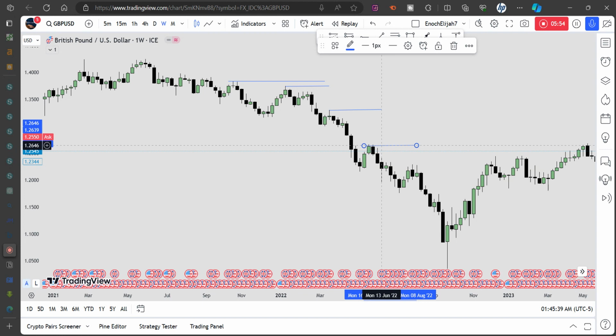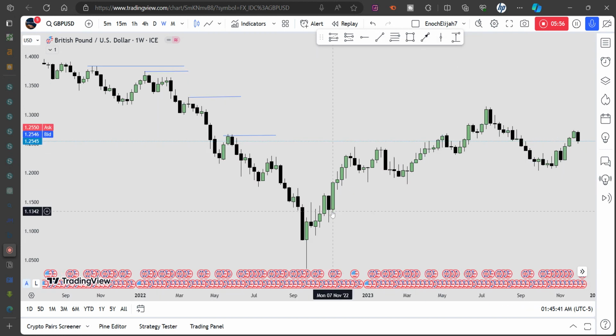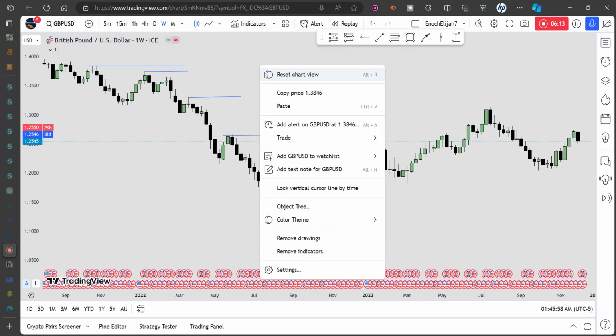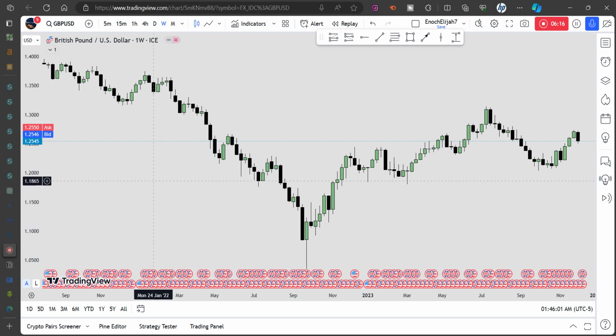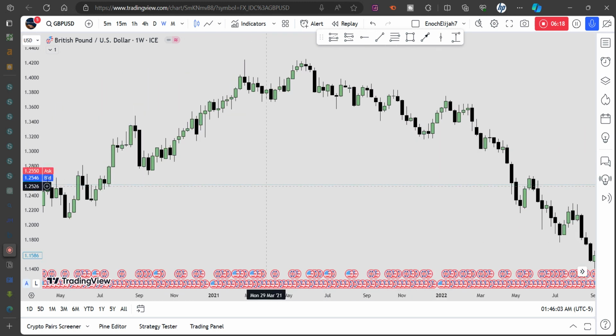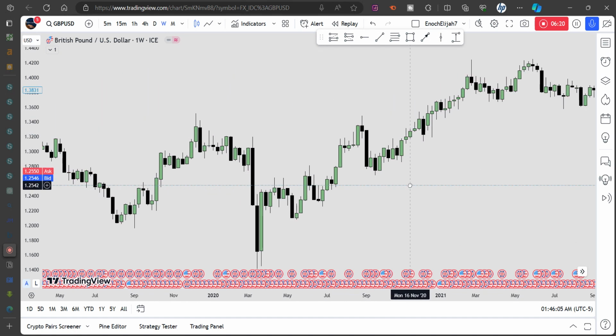If it is a bullish market, like what happened here, you will begin to see higher highs and higher lows. The latest high will be higher in price and value than the previous high. This is how the markets move. So when you open your chart, the first thing you have to know is what is the trend?